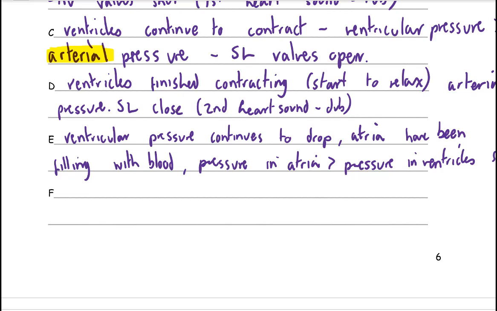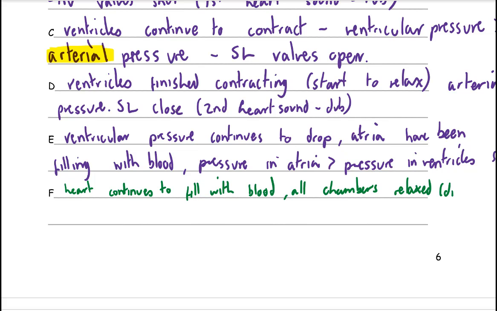Now, as well as that, atrial pressure is slightly higher than ventricular pressure. So at this point, the heart continues to fill with blood, and all chambers are relaxed, and that's because it is during diastole.